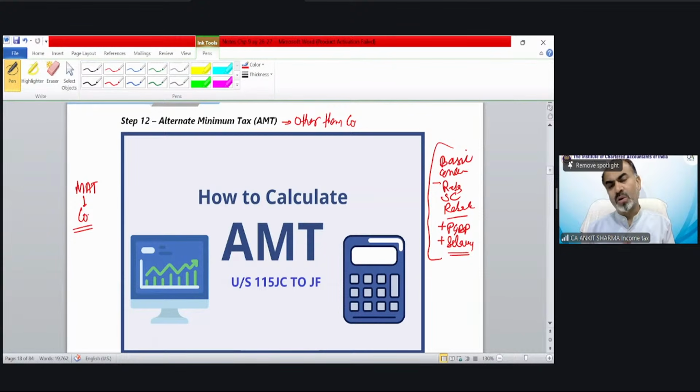Before going through the concept of AMT, I can teach you the calculation part of AMT in 10 minutes, how to calculate the AMT profit and how to calculate the AMT tax. But that would be incomplete information for you. Some of you students might think, why is this AMT tax there?